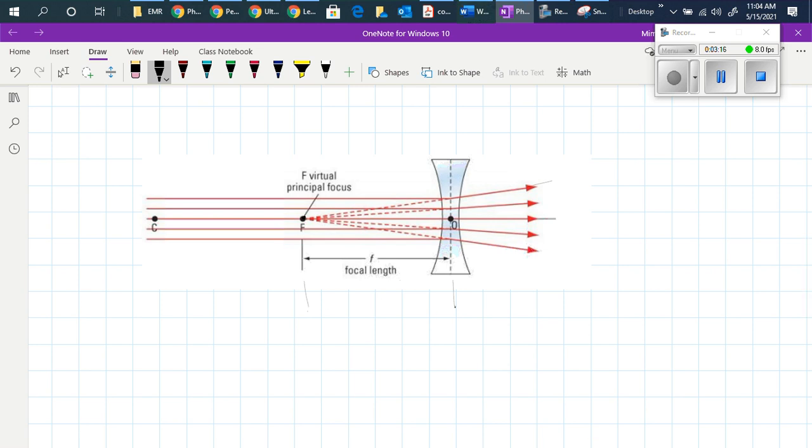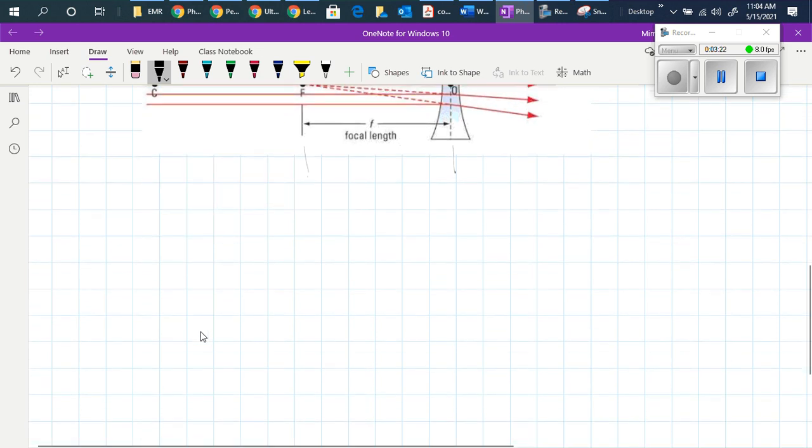The equation that is used even with lenses is the same as the equation that we have used on mirrors. So it is 1 over f, where f is the focal length, equal to 1 over do plus 1 over di, where do is the distance of the object and di is the distance of the image.